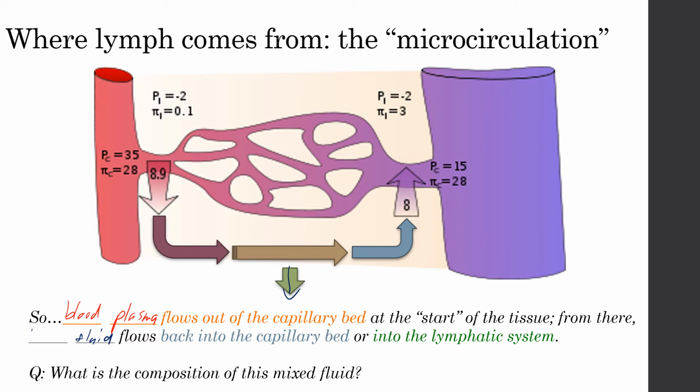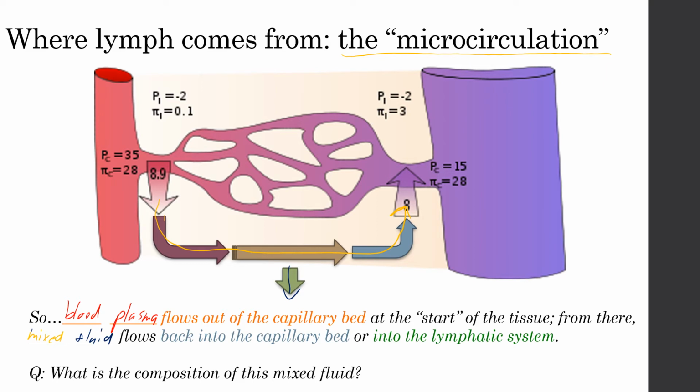Or I can call it, instead of interstitial fluid, we can call this mixed fluid because it's a mixture of blood plasma and interstitial fluid, tissue fluid. This travel of fluid through the tissue, by the way, is known as Starling flow, but it's also known as the microcirculation. It's a circulation of a microscopic amount of fluid through a microscopic tissue rather than through blood capillaries.